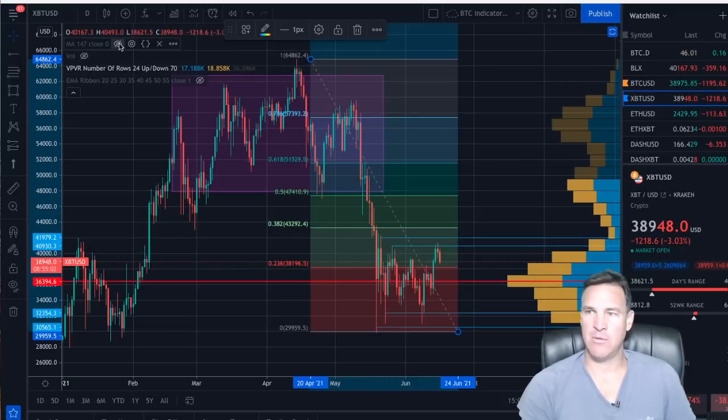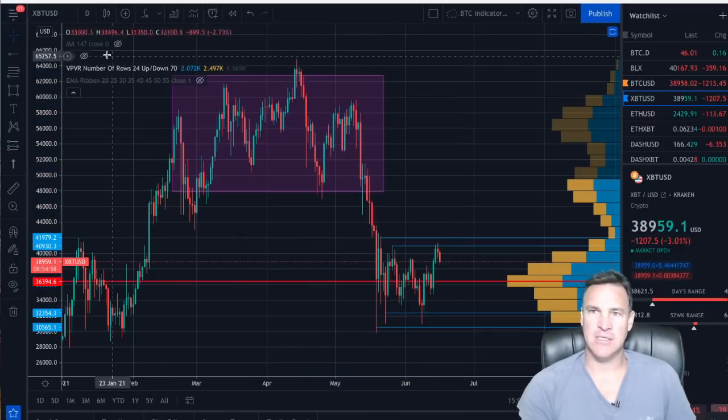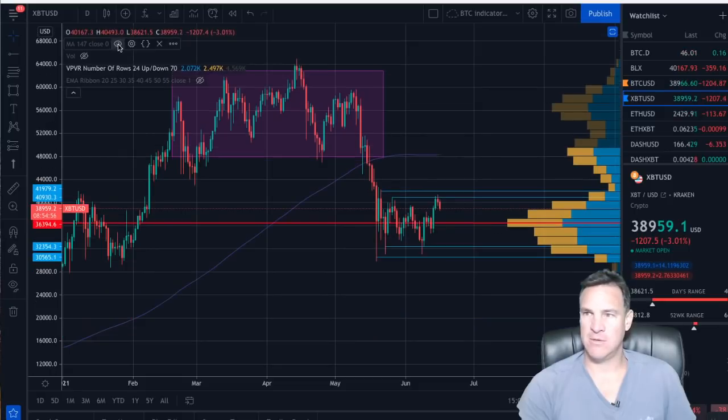Yeah, I think it's worth showing. Let's take a look at the 21-week moving average. Actually, I don't want this chart to get too busy, so let's take a look. The 21-week moving average leveled off way up here at 47,000. Really, really interesting. So let's see how we interact with that.